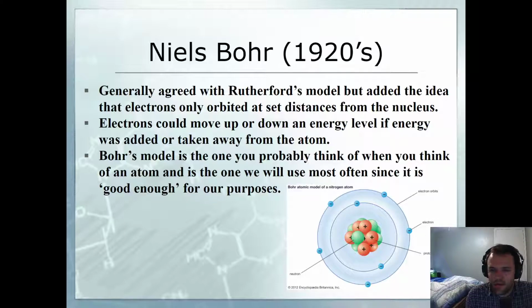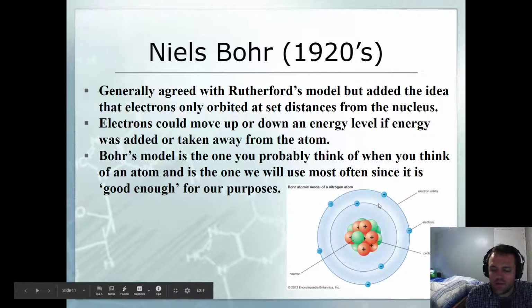All right, about 10 or so years later, Niels Bohr came along, and he agreed for the most part with Rutherford, but his big improvement was that the electrons aren't just randomly scattered around on the outside. They travel in distinct orbitals, distinct energy levels away from the nucleus.